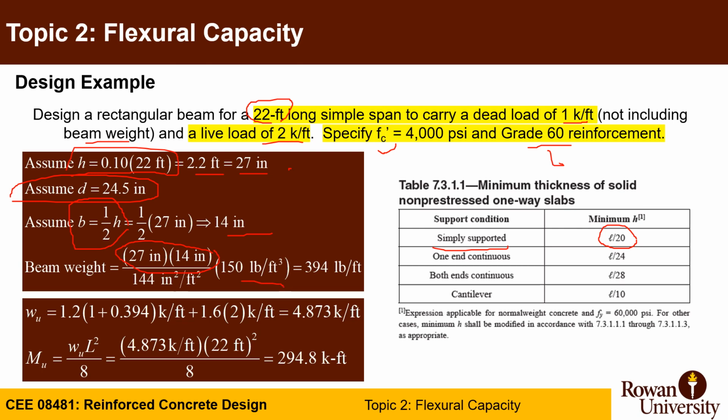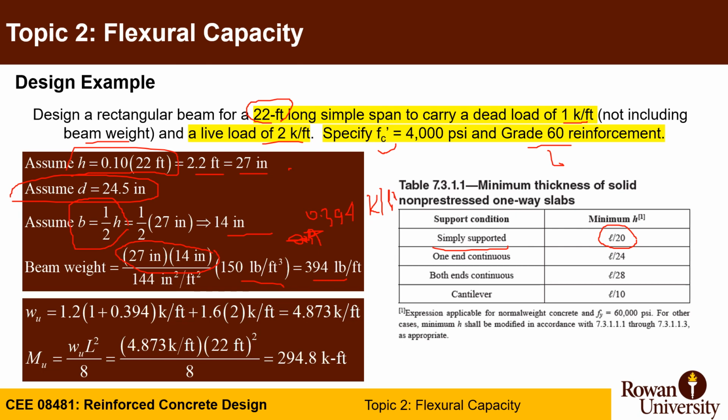This gives you 394 pounds per foot, or 0.394 kip per foot.